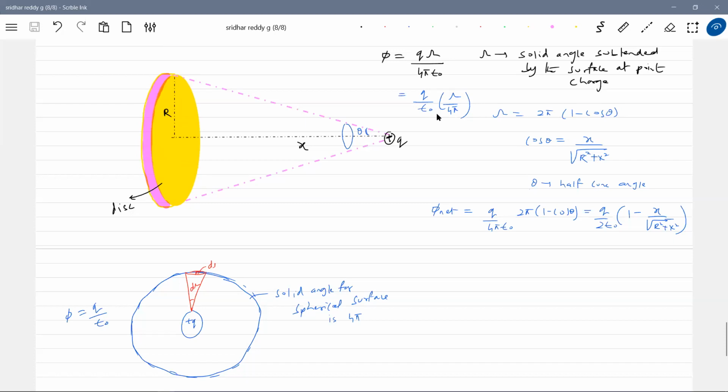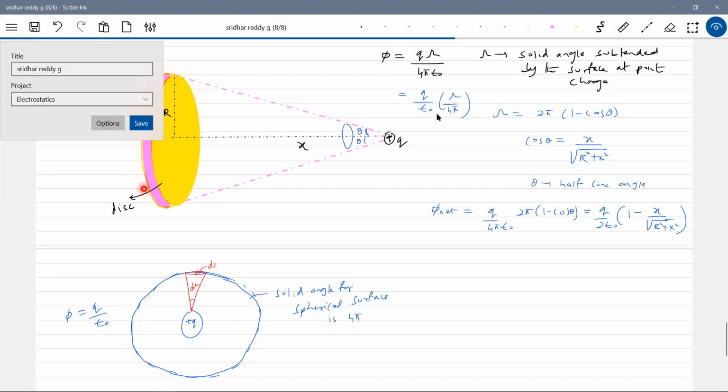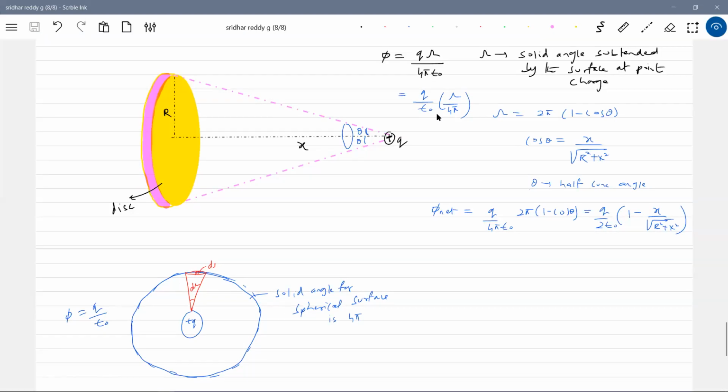Yes, it is called the half cone angle. 2 theta is the cone angle. We say half cone angle, which is theta. Yes, sir, understood. It's just simple terminology. I'm going directly through the formula, but it is better to learn it, because otherwise we can't go into the solid angle.